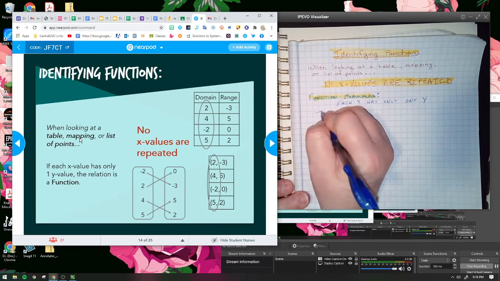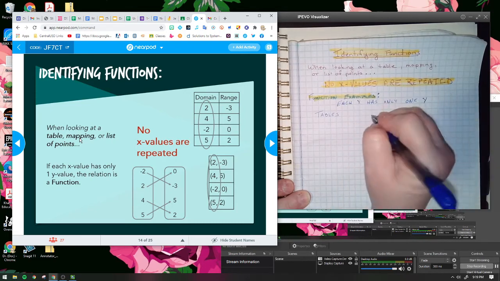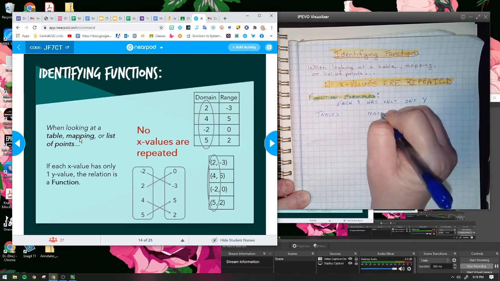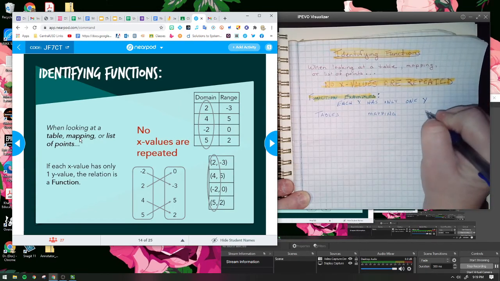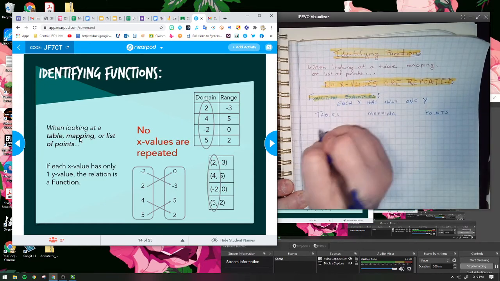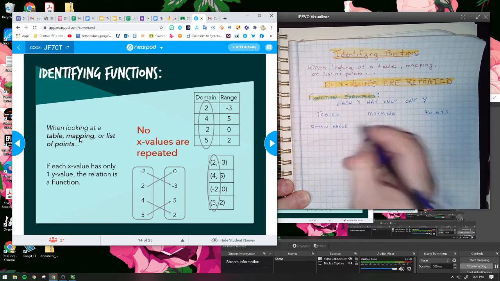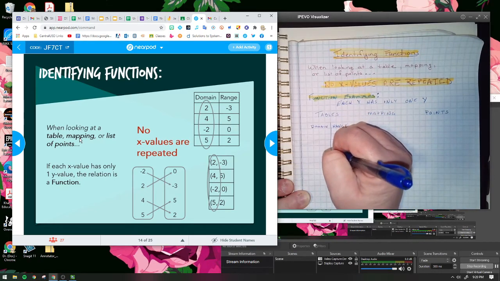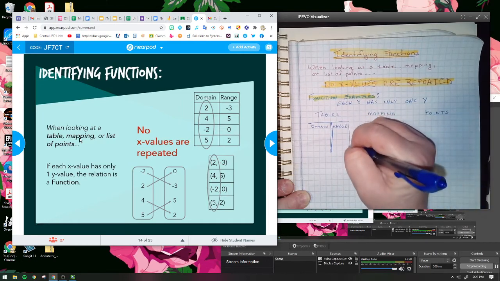Now I'm going to do tables, mapping, and some points, which are our ordered pairs. I've got a domain and range, and four numbers, and I'm going to create my table.